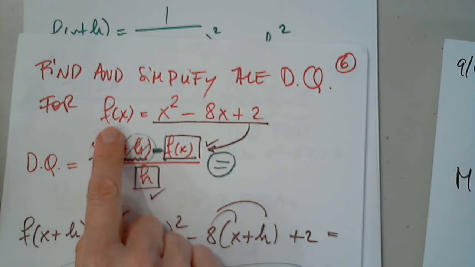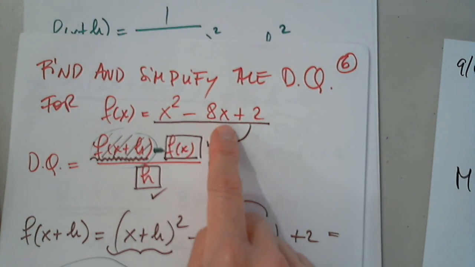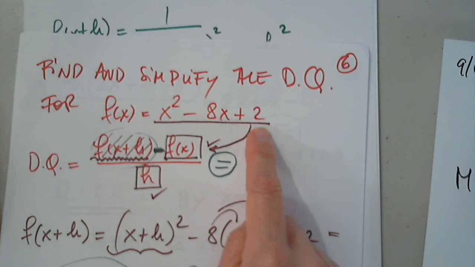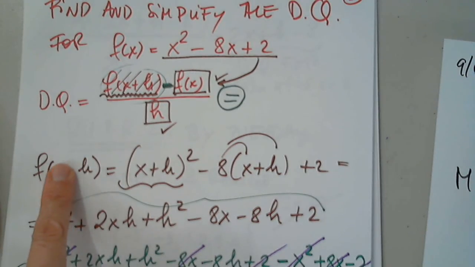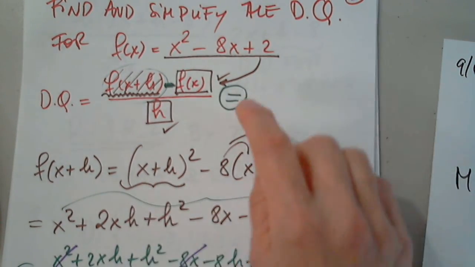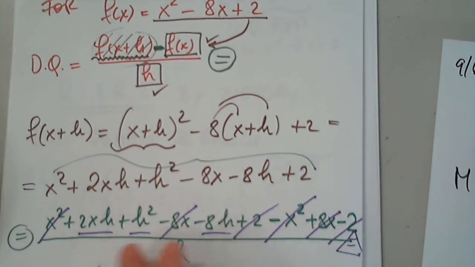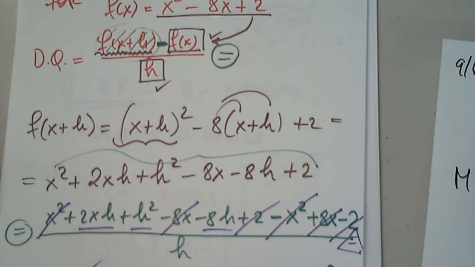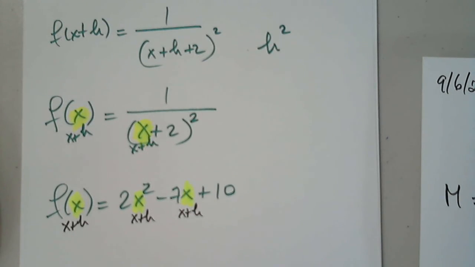Because the function was f of whatever equals whatever squared minus 8 times whatever plus 2. So when we determined f of whatever, but whatever is x plus h, then we replaced x by x plus h. We replaced x by x plus h. And then we performed all the calculations to simplify it. Okay. So this function is no different.